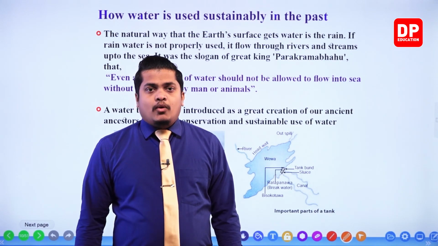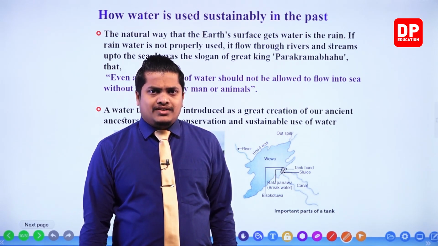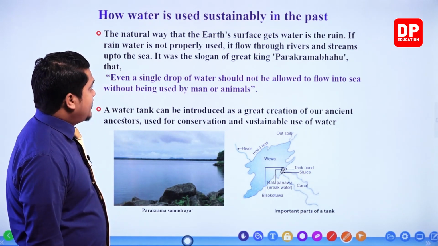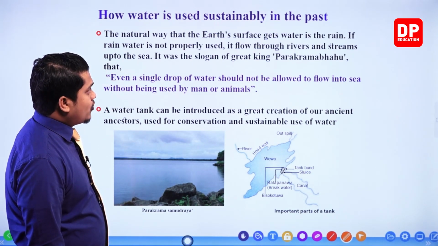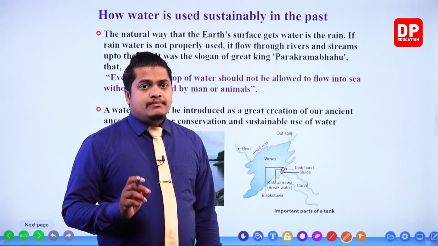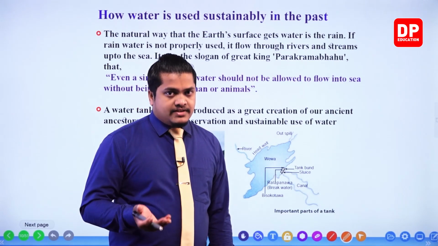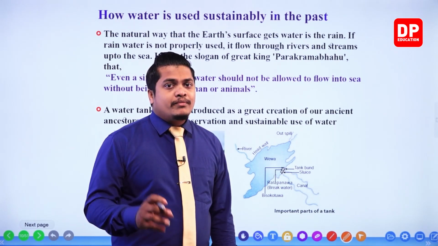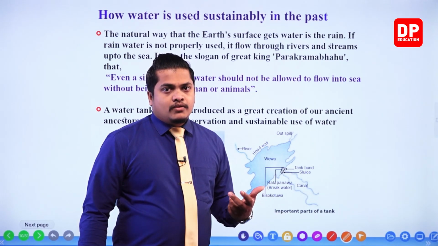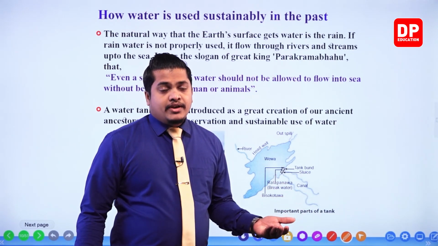Okay, so now we are going to find out how the ancient people used this water sustainably. Here it is given: the natural way that the earth surface gets water is the rain. So like I said, we receive water mainly as precipitation, from rain, my dear children. So we receive water as rain for our day-to-day purposes.